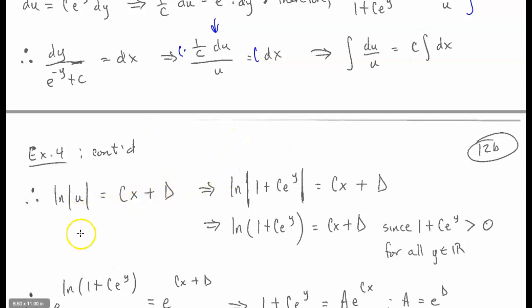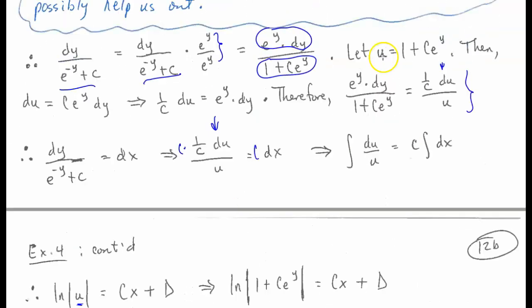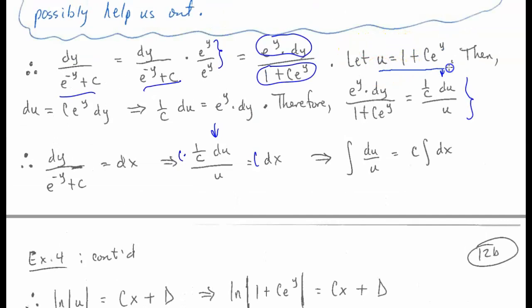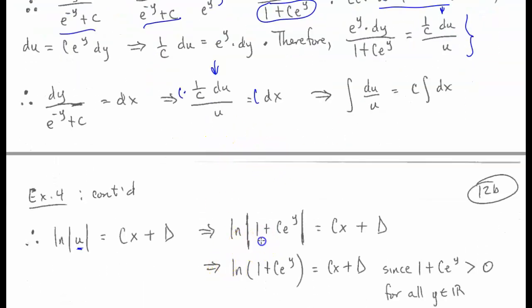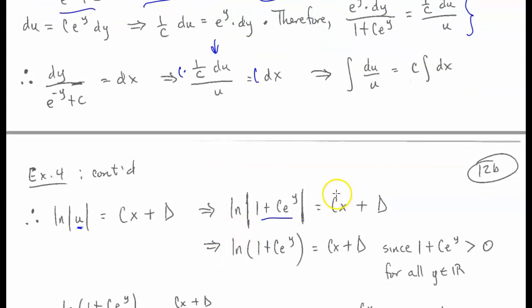This next step here, we realize that our substitution for u, we're subbing that back in. So u was 1 plus c e raised to y. So we just substitute that back in. And here, I'm purposely dropping the absolute value signs because we know that whatever this ends up being is going to have to be greater than 0.